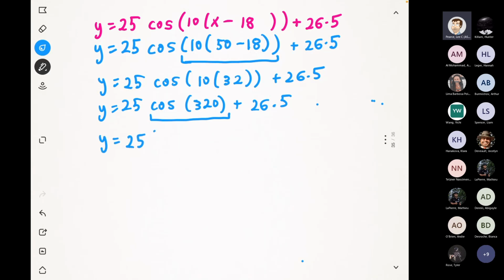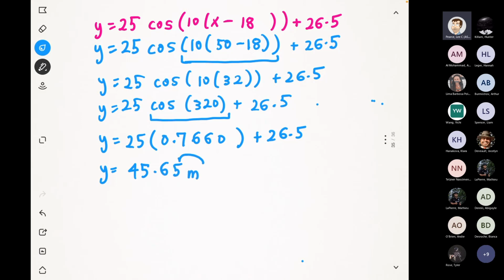And what you're going to do is put in the cosine of 320 into your calculator in degree mode, and you should get approximately 0.7660. And then from there, we're going to multiply it by 25 and add 26.5, and we get 45.65 meters.